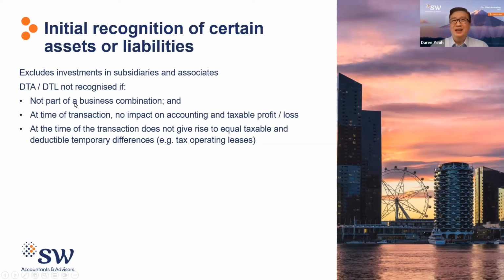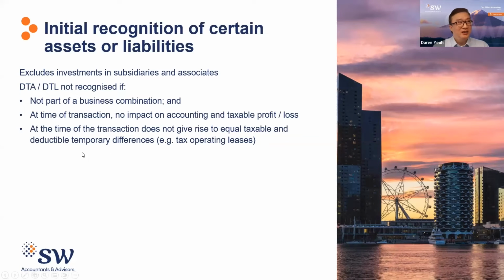The initial recognition exception says, do not recognize a DTA or DTL if the transaction is not a purchase of a business or an entity with a business, and at the time of the transaction, there is no impact on accounting and taxable profits. So at the time of that transaction purchase.